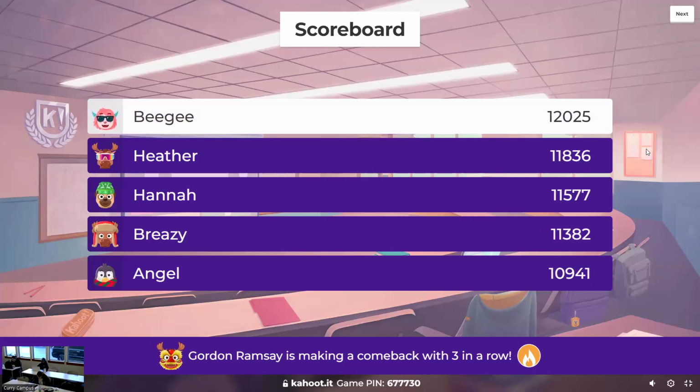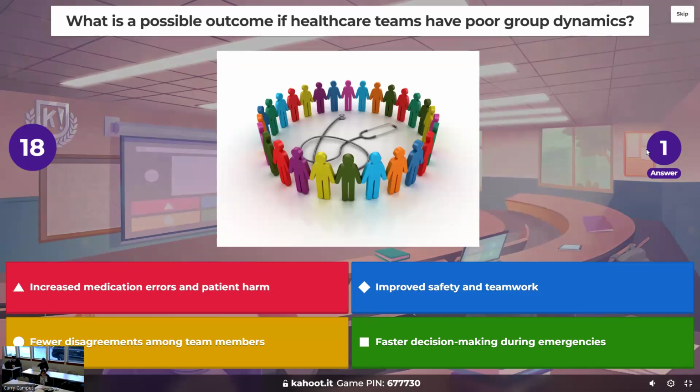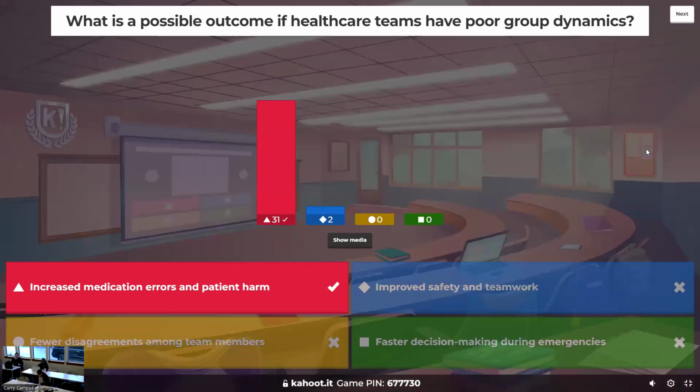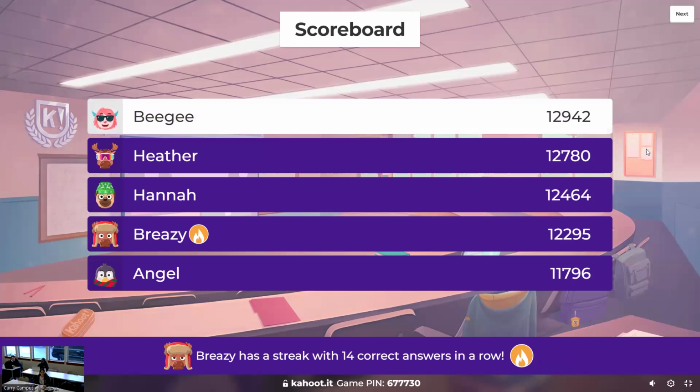What is a possible outcome if healthcare teams have poor group dynamics? Fewer disagreements among team members. All right, almost everybody got that one. Increased medication errors, so basically the opposite of the last question.